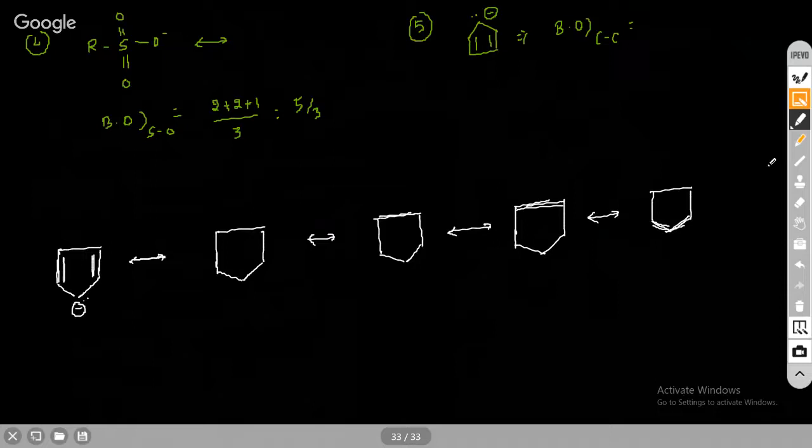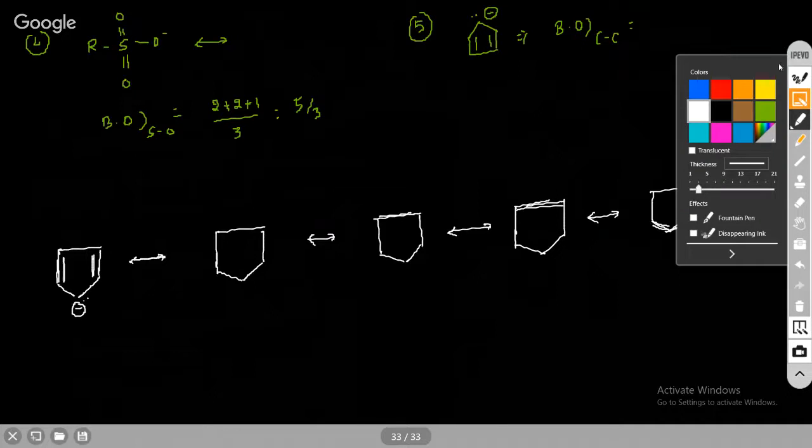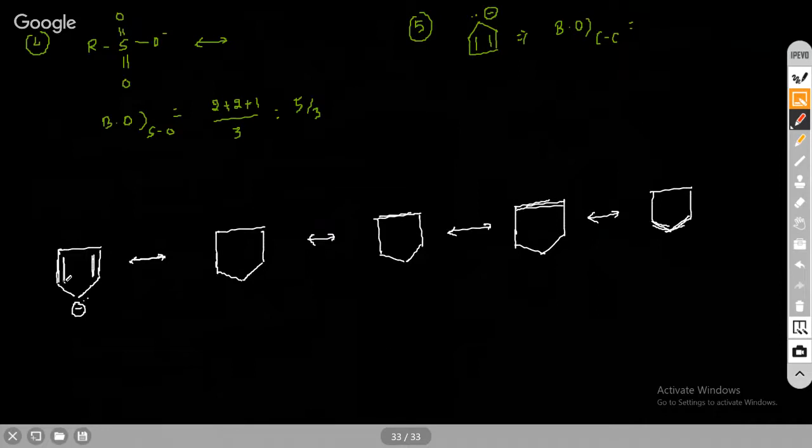Now, in this, you see the resonating structure you'll draw like this. This lone pair comes over here, and this pi electron goes here, right? So here we have the double bond, here we have negative charge, and here we have the double bond. Another one is what? This negative charge comes over here, and this pi electron goes here.